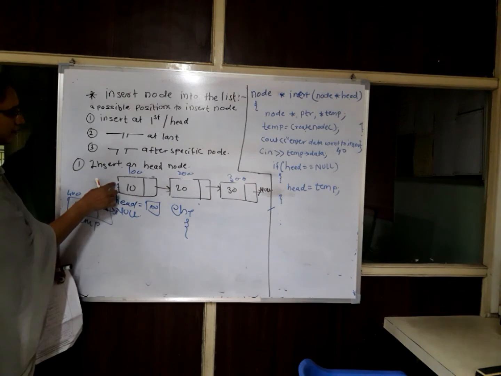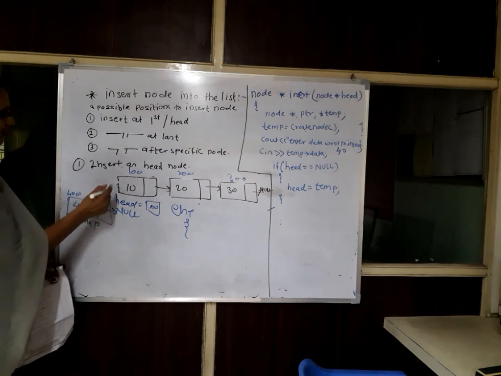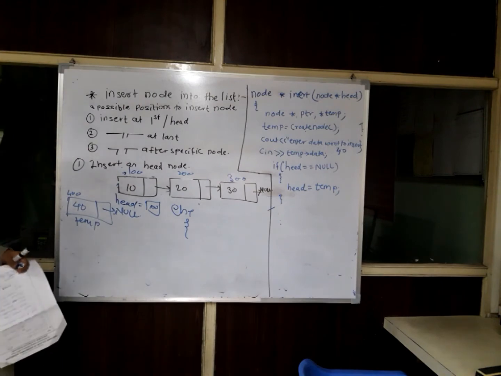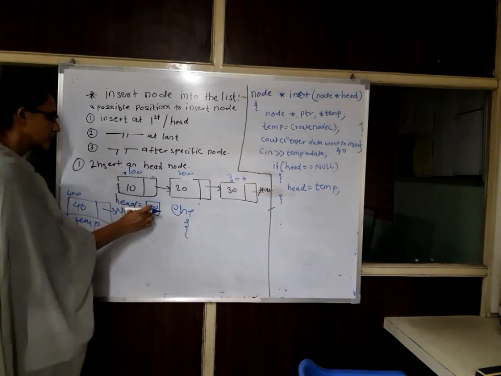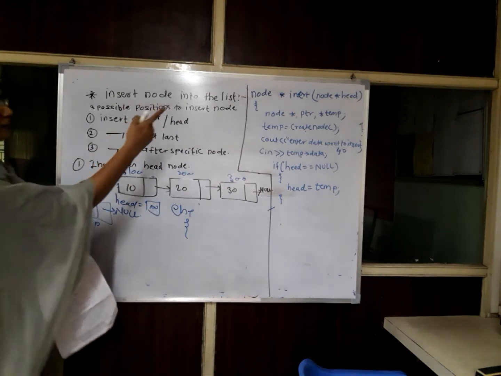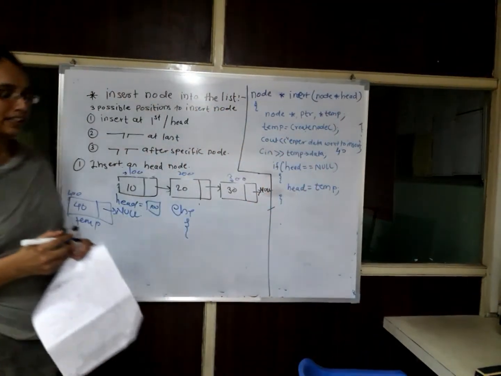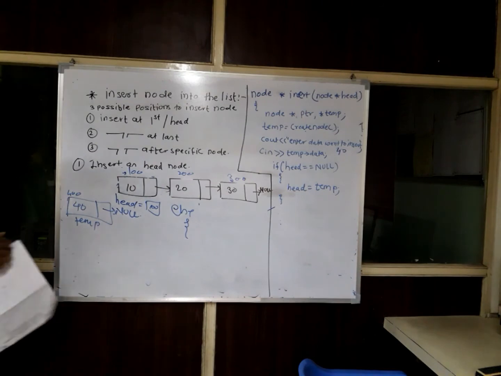But how do we come to know that our first node is placed at 100? We will come to know from this head, because in the function we have passed the node start head. So head contains the address of the first node.